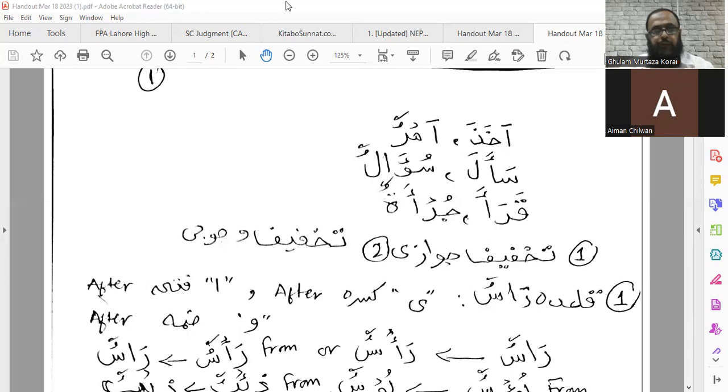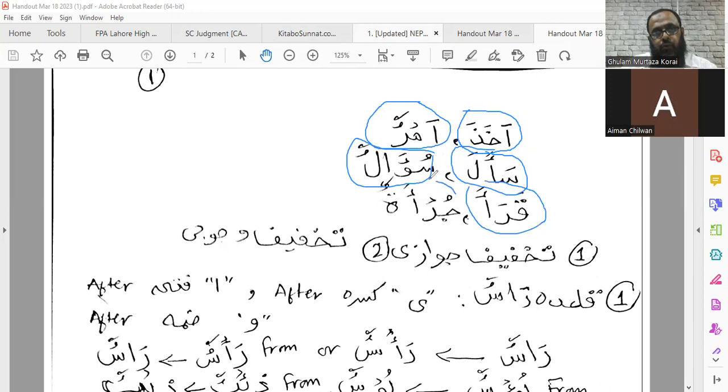Because if you just look at the examples on the handout, you can recognize words like akhadha, amrun, sa'ala, su'alun, qara'a, jur'atun.